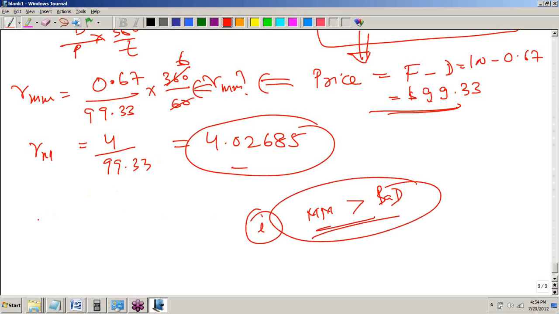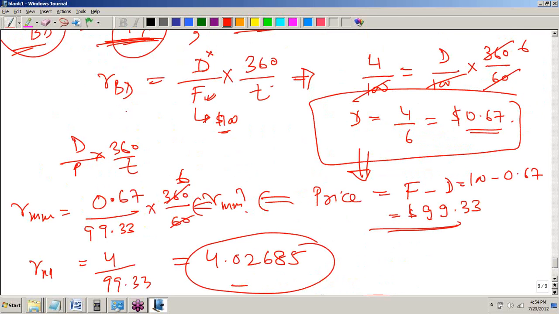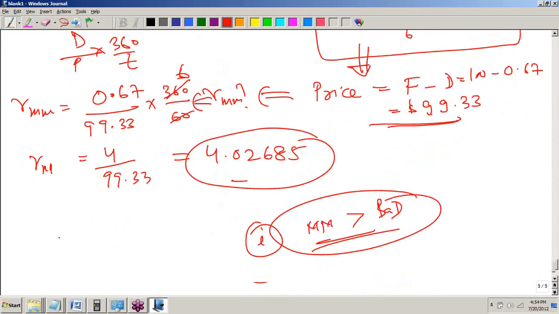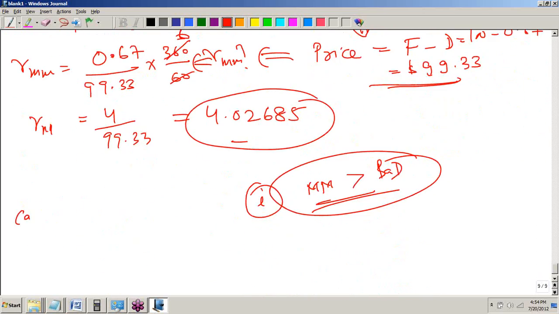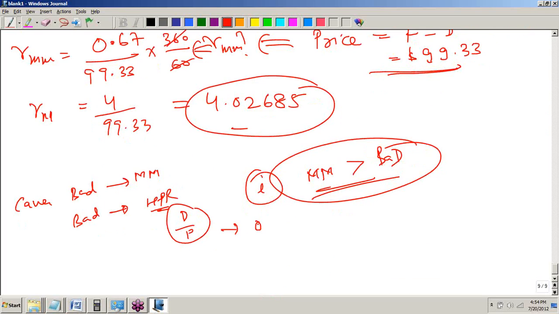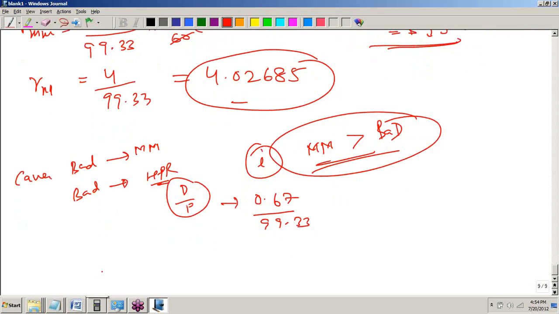Okay, so that is one. And here, the bank discount yield was given. We have converted from BDY to money market yield. If I were to ask you to convert from BDY to holding period return, it is D by P. So you would have just given me 0.67 divided by 99.33, right?